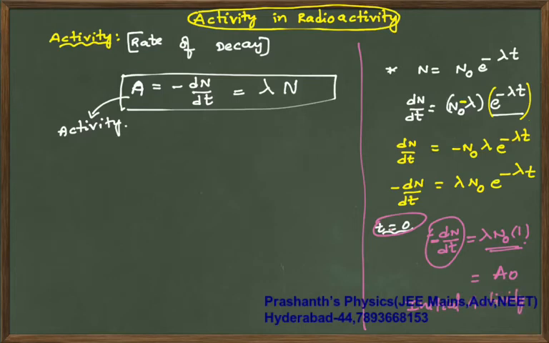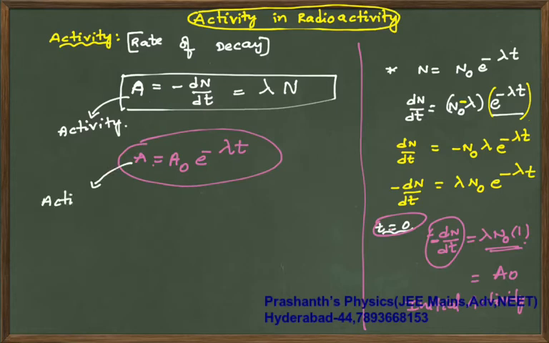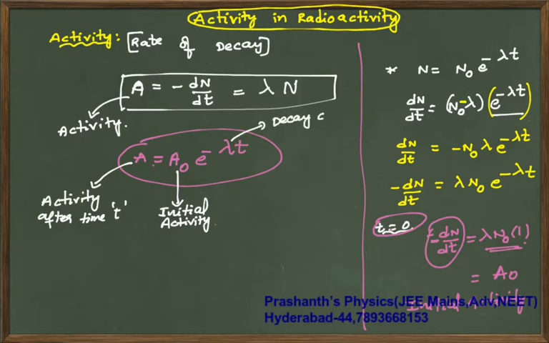So the final activity expression is A equals minus dn by dt, which equals lambda n, and can be written as A naught times e power minus lambda t. This A is the activity after time t, A naught is the initial activity, and lambda is the decay constant.